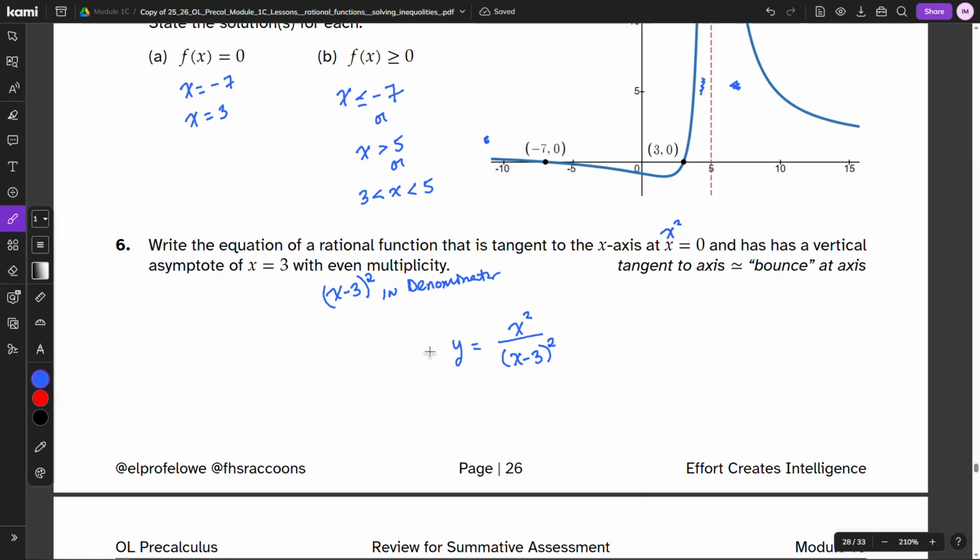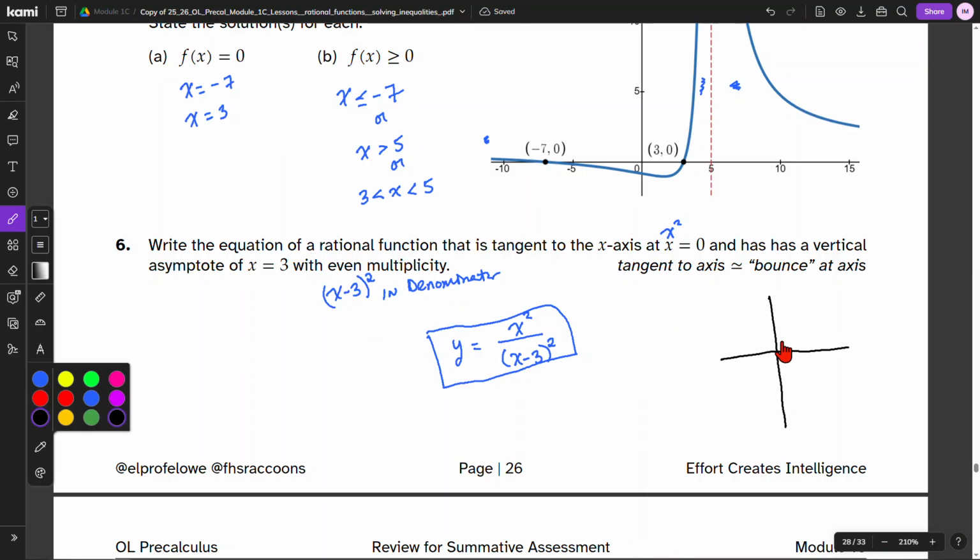That would be my function, and look to keep it simple. Don't have to make it more complicated than it needs to be. We're not asked to graph it, but we could. It wouldn't be too hard to graph this function. We know that we are going to be tangent to the axis. We know that we're going to have an even multiplicity.